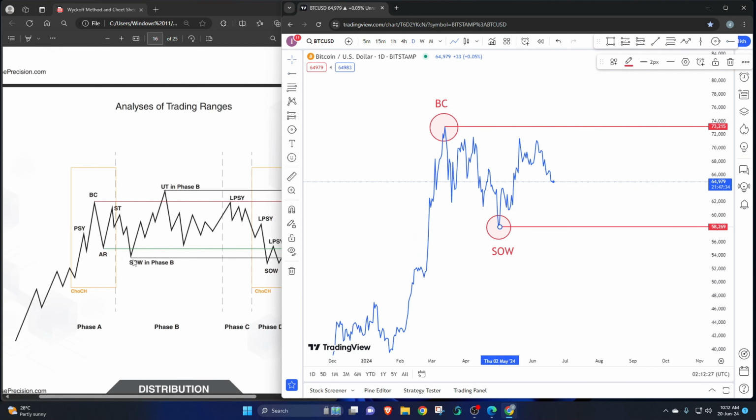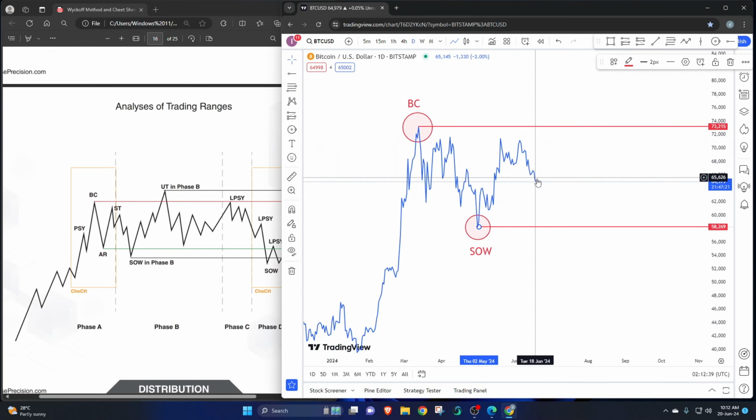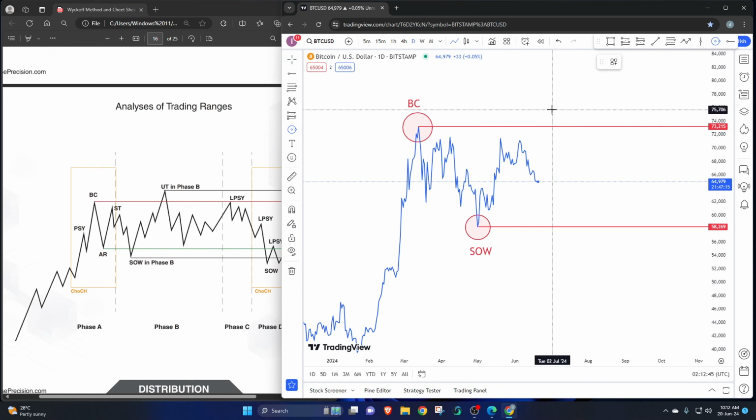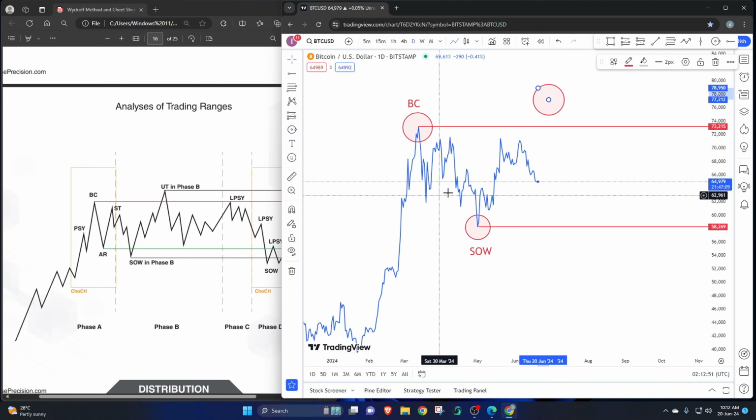SOW happens in phase B, so I believe we are in phase B. BC, which is the first peak, happened in phase A. So this was the first peak. Now price is stuck in between, and we have yet to see the second peak, which is known as UT.